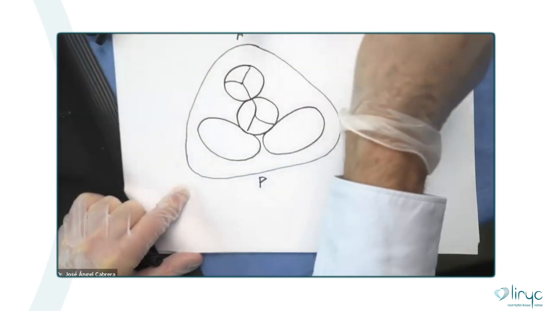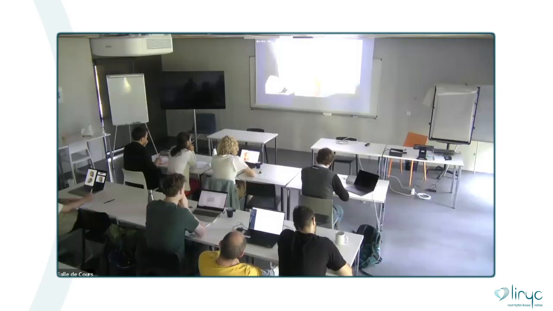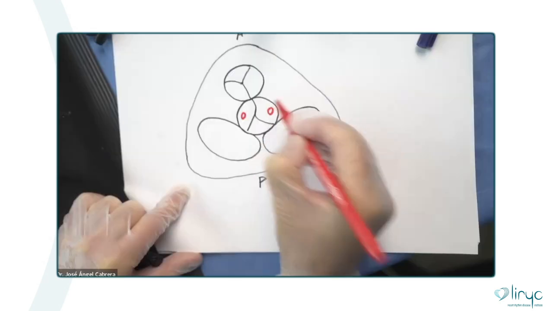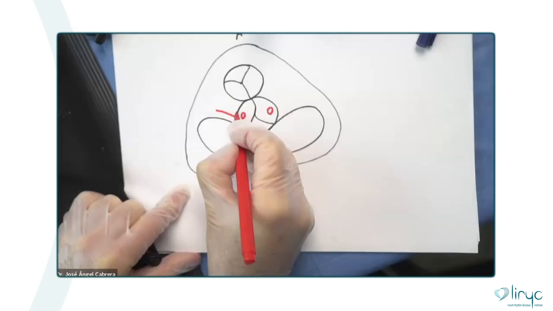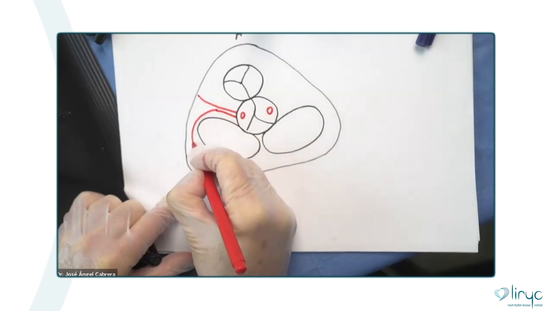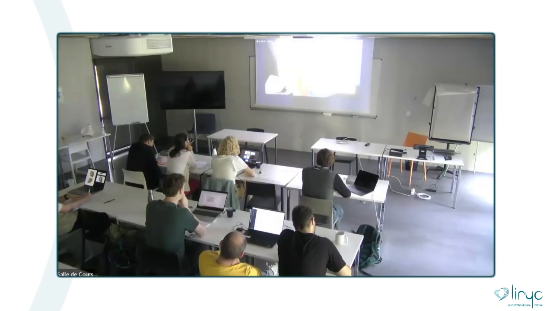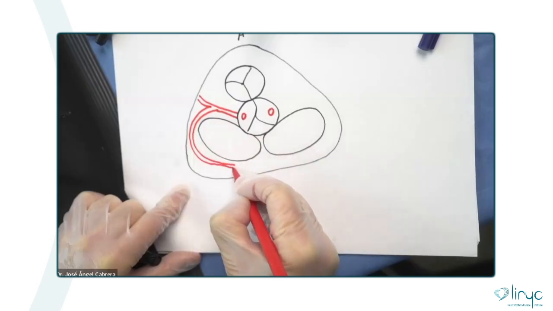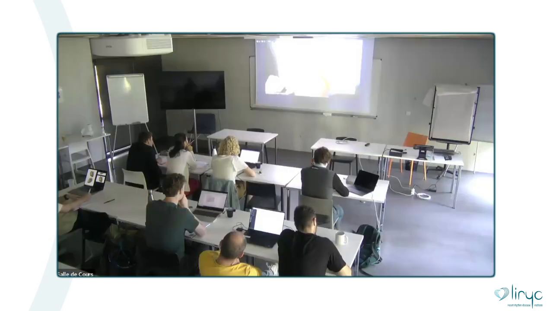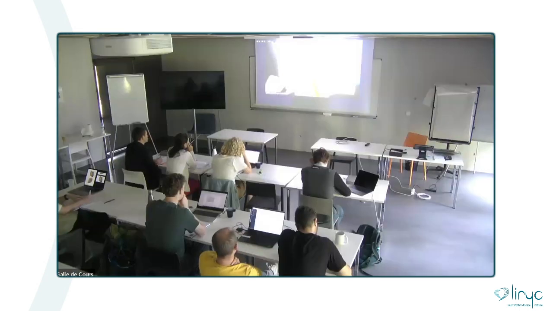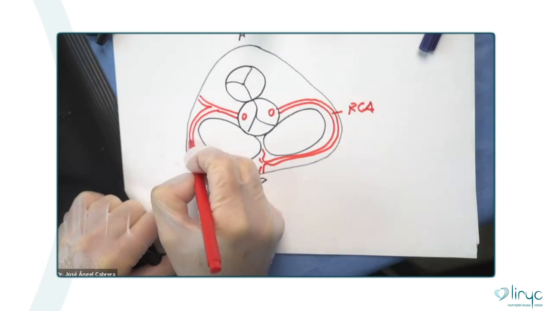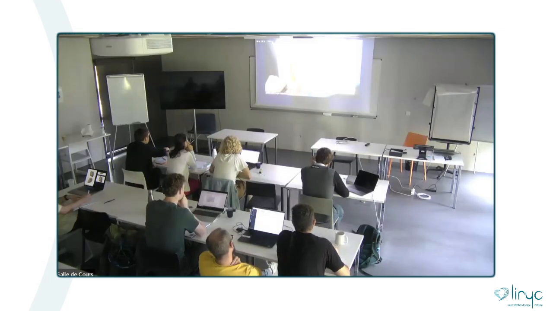And note that this is the origin of the, in this case, this is the mitral valve. Therefore, we have the circumflex artery, and in this case, we have the right coronary artery. And here, this is the right coronary artery, and this is the circumflex artery, and this is the anterior descending artery.